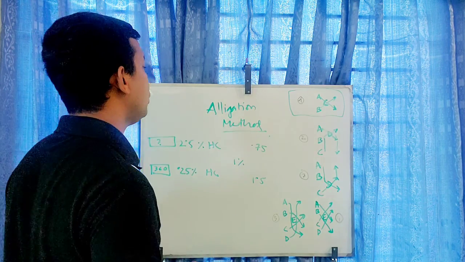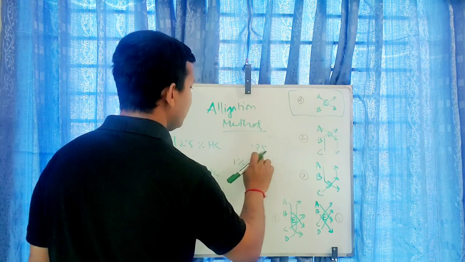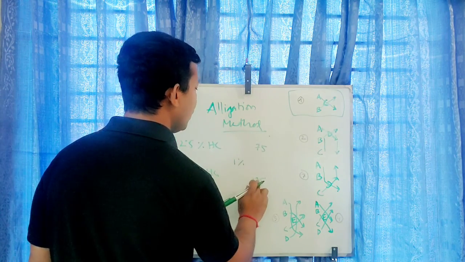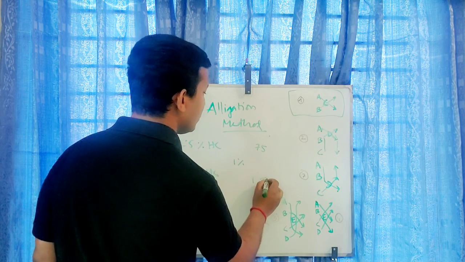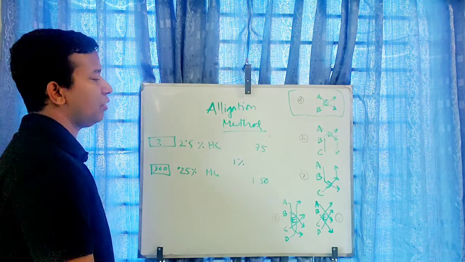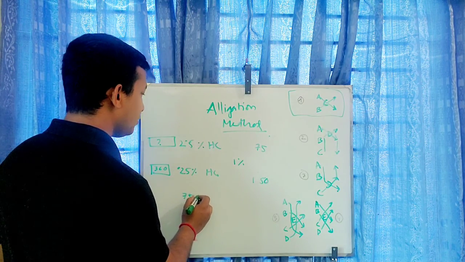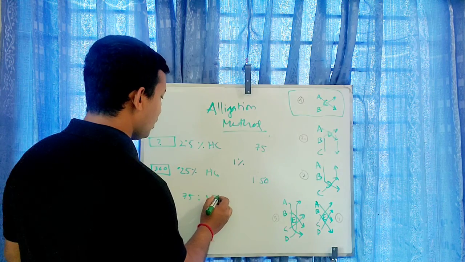Okay, so if we remove the decimal, we have to add a 0 here just to make it simple. So the ratio is 75 to 150.